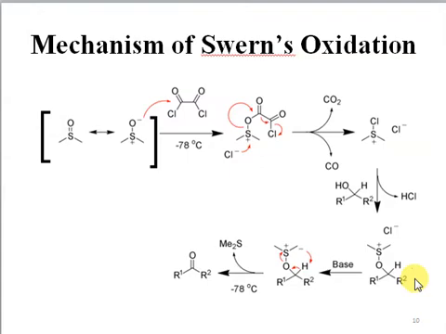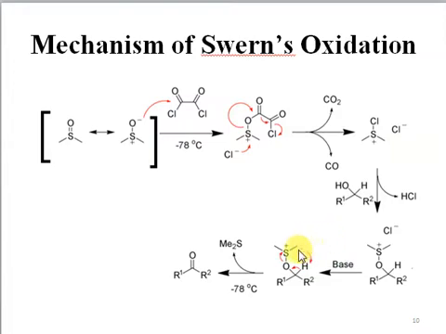What happens next is that now the base will come and pick up a proton, right? The base will not pick up the proton of this alcohol from here. Instead, the base will pick up the proton of this methyl on sulfur, right? So here we have a proton. What will the base do? The base will pick up this proton, right?